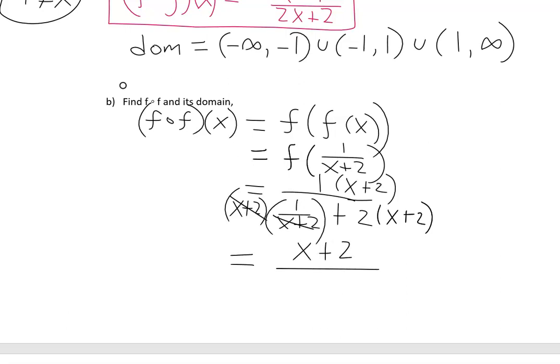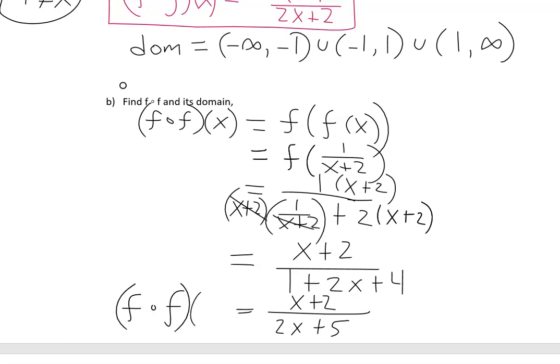On bottom, these divide out and leave me with 1. Distribute the 2, so we get plus 2x plus 4. Combine like terms, and we get x plus 2 over 2x plus 5. So f composed with f of x is equal to x plus 2 over 2x plus 5.